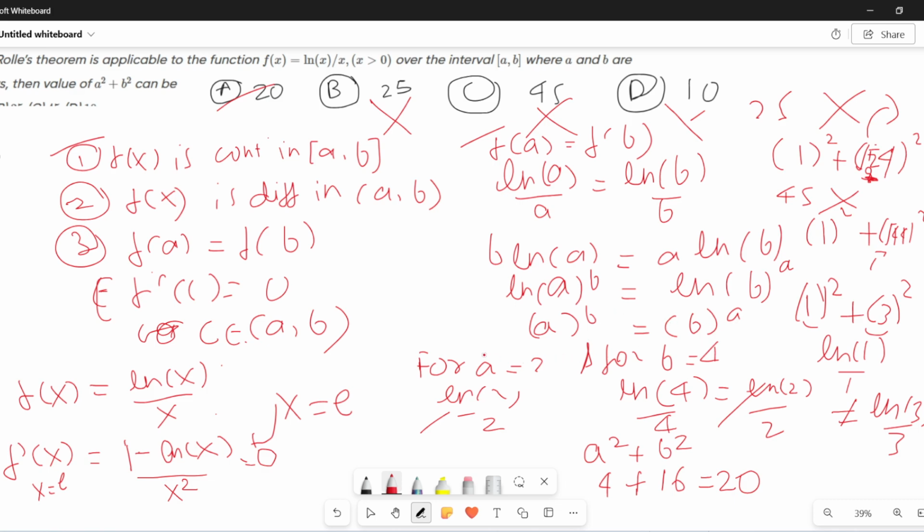Now we check hit and trial: for a = 2 and b = 4, f(a) = f(b) is possible. So a² is 4 and b² is 16, so 4 + 16 becomes 20. So option A is correct, and after checking options B, C, D, all are wrong. So the final answer is option A.